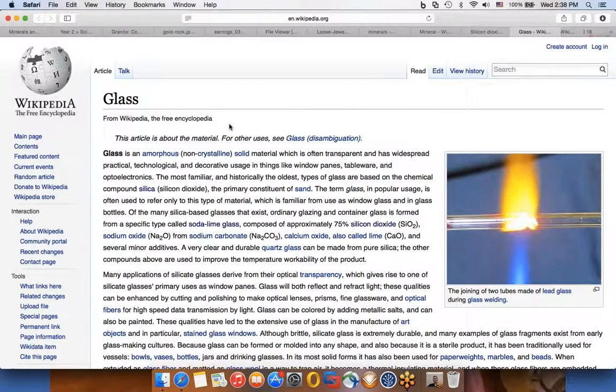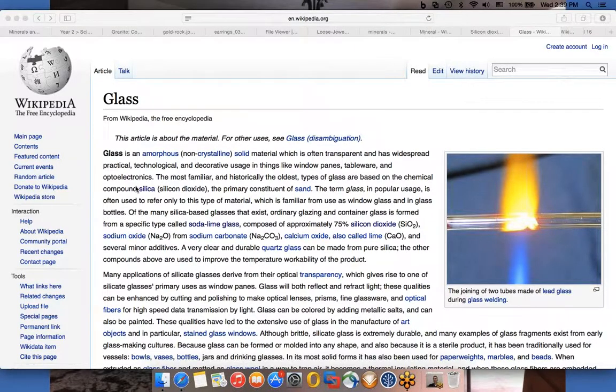As I was reading the article on glass, I found some really interesting things. One of the things that I found is that glass is not a crystal. As I said, next week we are going to talk more about crystals. But one of the characteristics of crystals is that they have a repeated pattern in the atomic structure.